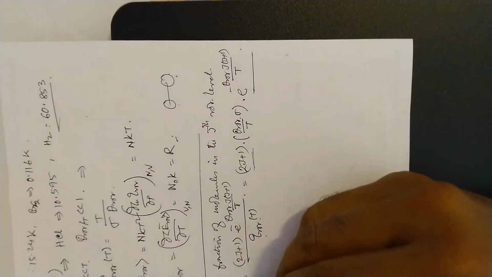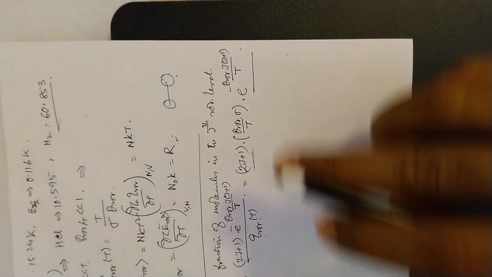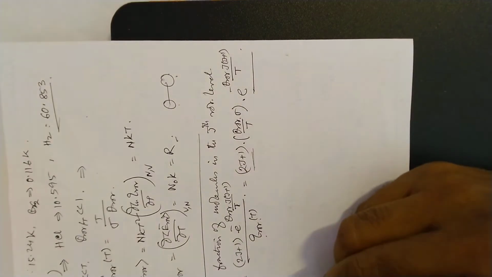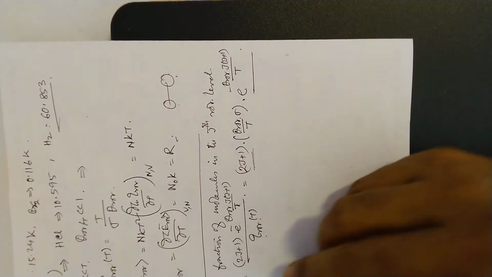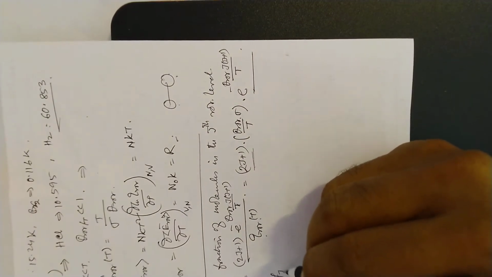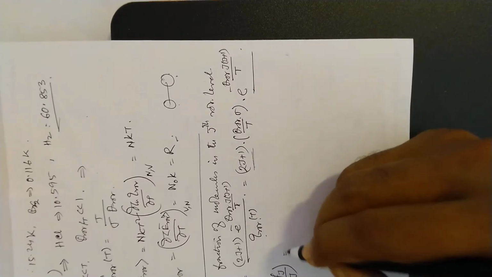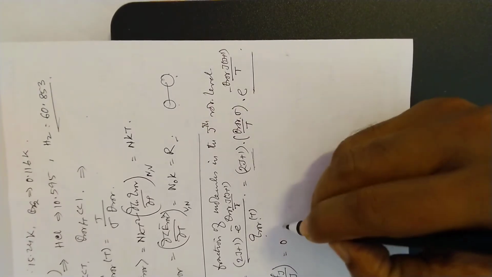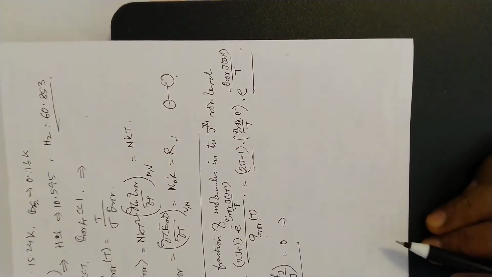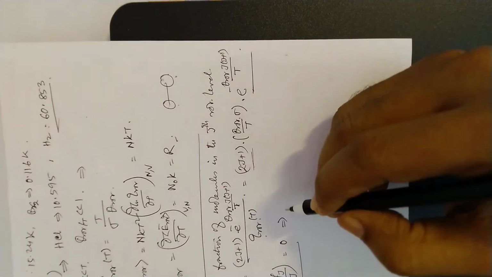So Fj passes through a maximum, and to find out at what value of j it is maximum, we differentiate dFj. Here also we consider that j is practically a continuous variable, so the differentiation must go to 0 at the maximum of Fj.